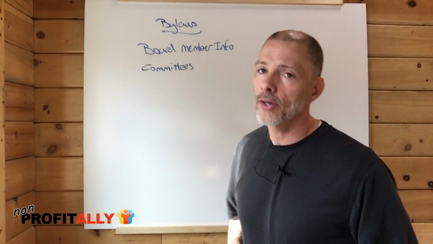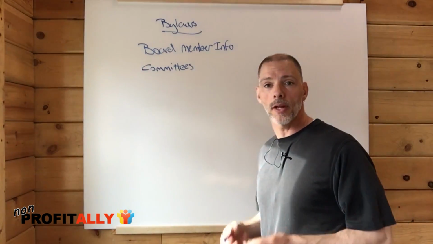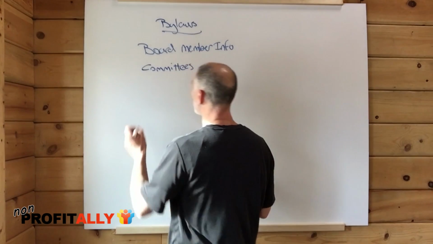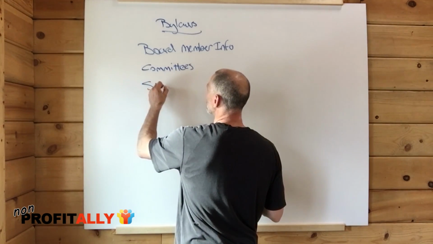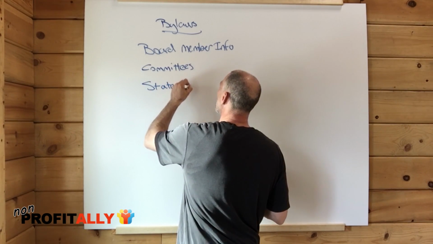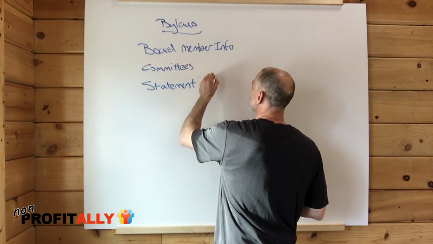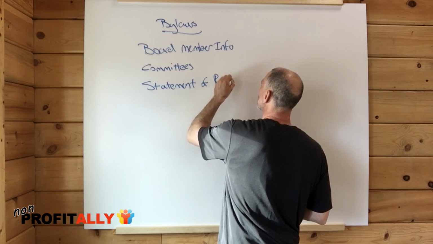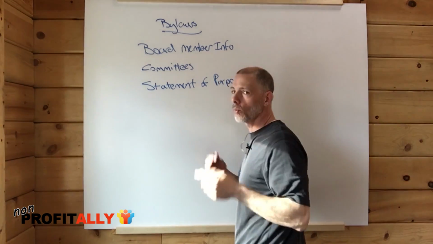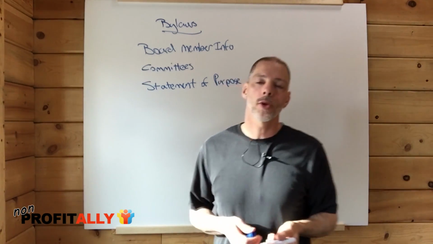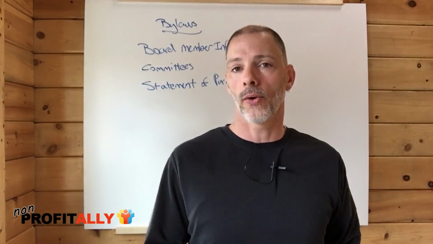Now, the other thing that you're going to want to have in there is your statement of purpose, what it is and why you do it. Now, this is important. Depending on what you write in your statement of purpose, it is going to determine whether you qualify for 501(c)(3) status with the federal government.